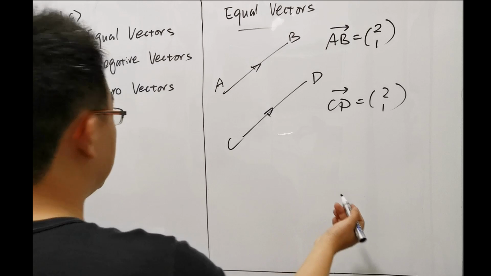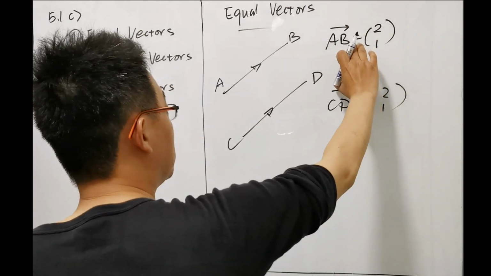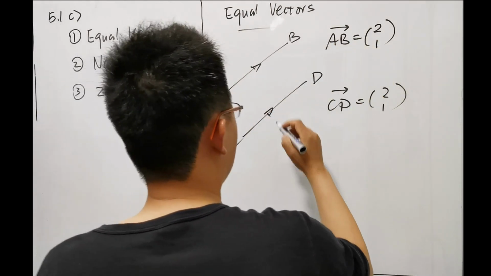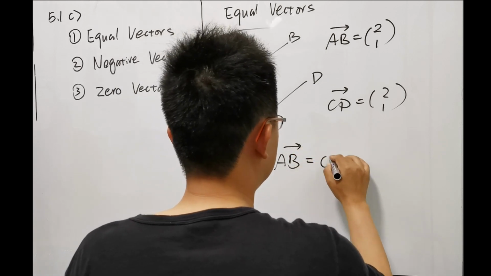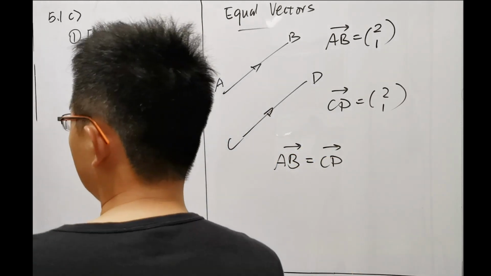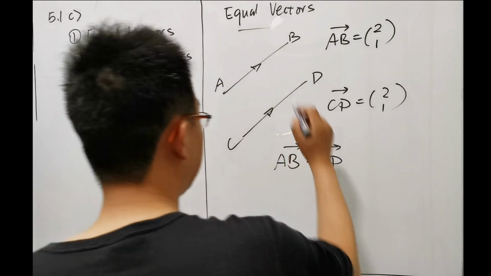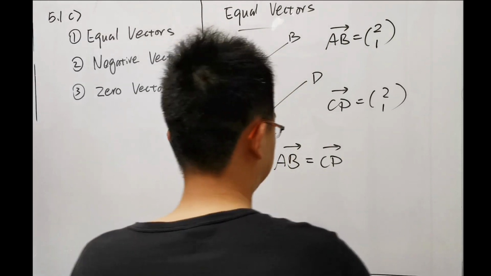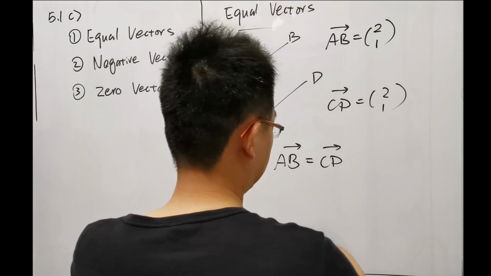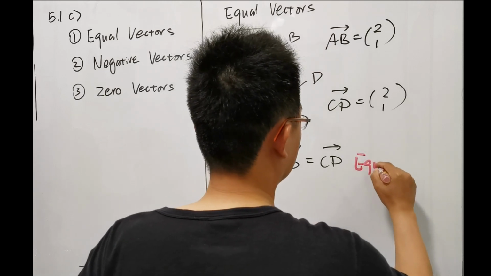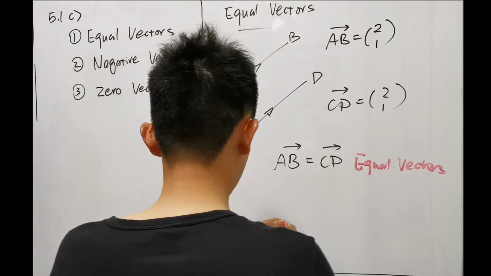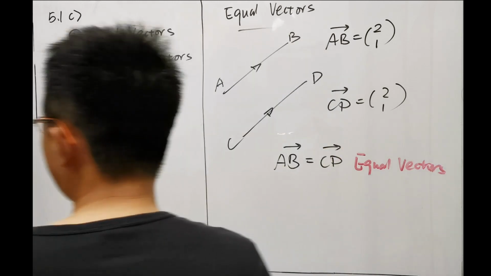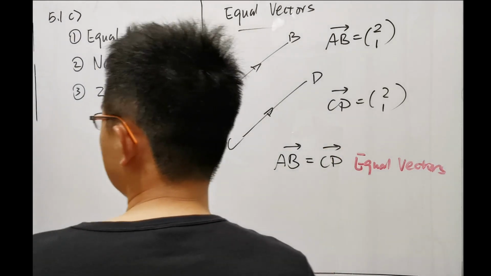If this is the case, we are saying these two vectors are equal vectors, which means AB equals CD. Okay, so we see all of them are equal vectors. So this is very simple, right?